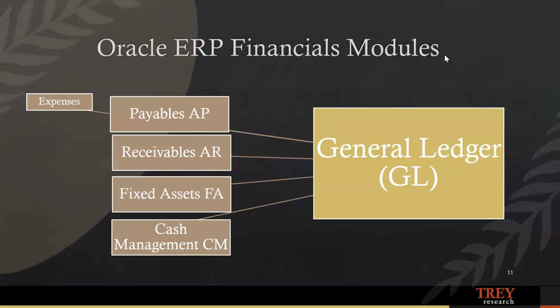In payables, receivables, fixed assets, cash management, whatever transactions we are doing, those are business transactions. So we don't create any AP invoice, payment, transaction or receipt directly in GL. That transaction should be created in a subledger, at the AP or AR level.